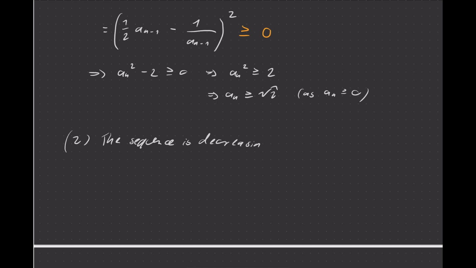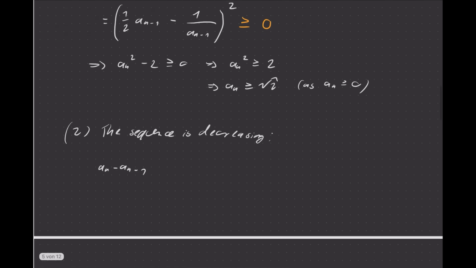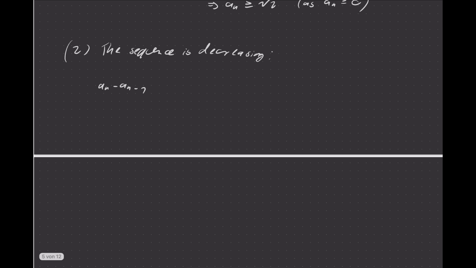So the sequence is decreasing. And to see that, let's have a look at the difference of a_n and a_{n-1}. Now we know by the recursive formula a_n is equal to 1/2 a_{n-1} + 1/a_{n-1}.